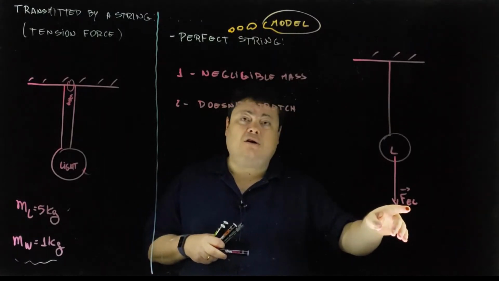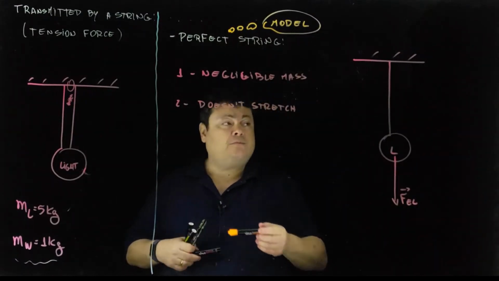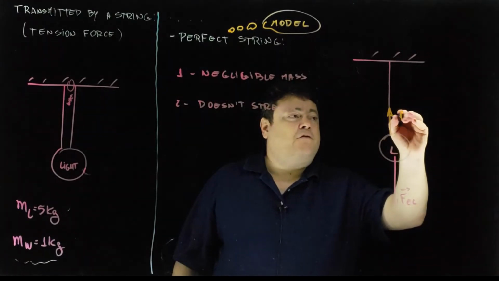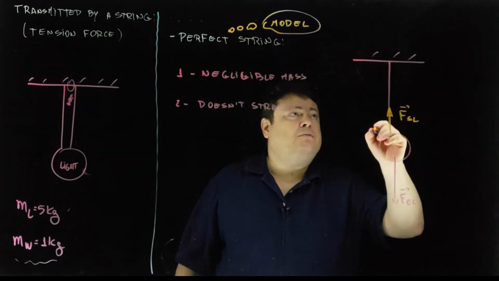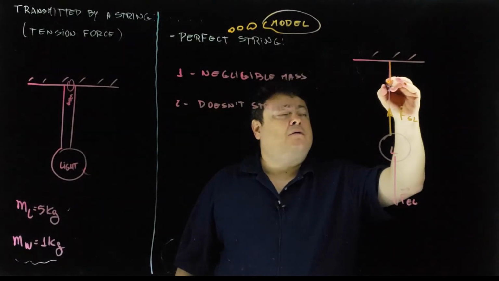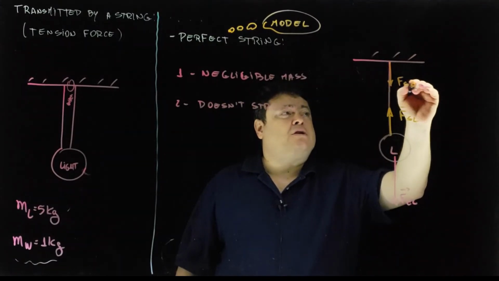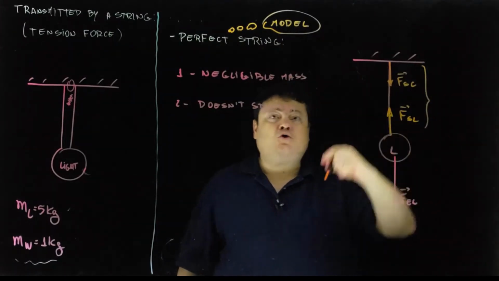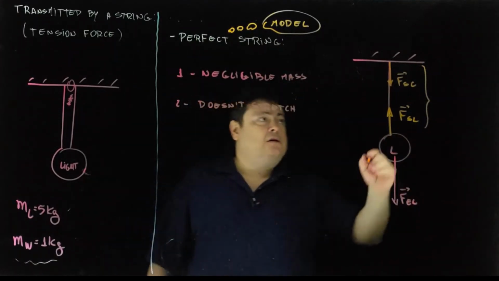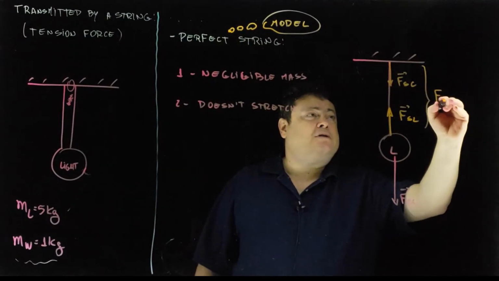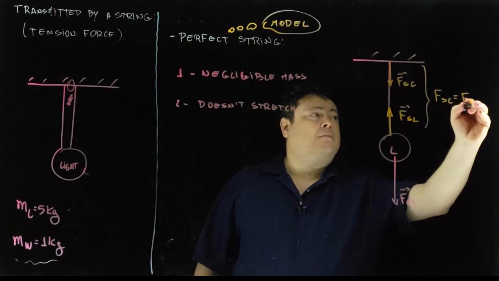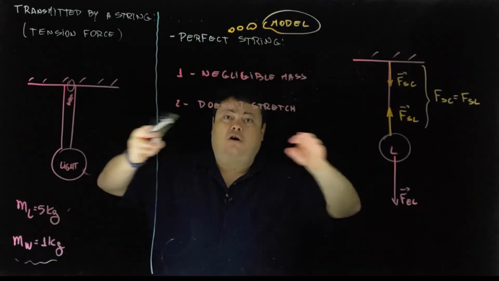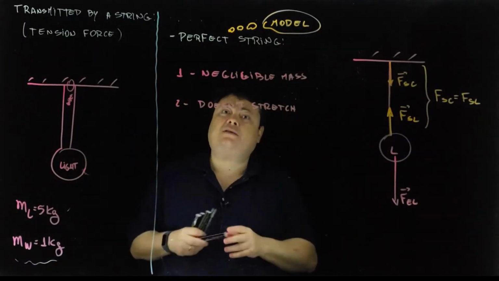The agent is the earth, the object is the light bulb. Then I'm going to have in here a force of the string on the light bulb, and up here a force of the string on the ceiling. And since I'm assuming that the string is massless, those two forces are supposed to be the same. So the forces on opposite ends of a perfect string would always be the same.